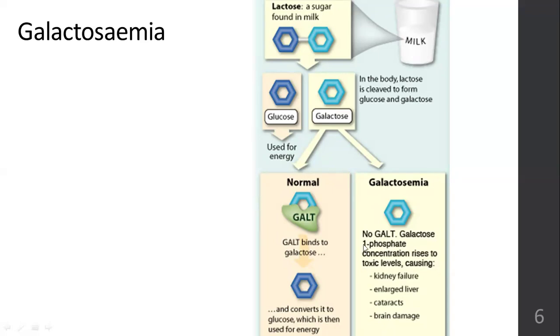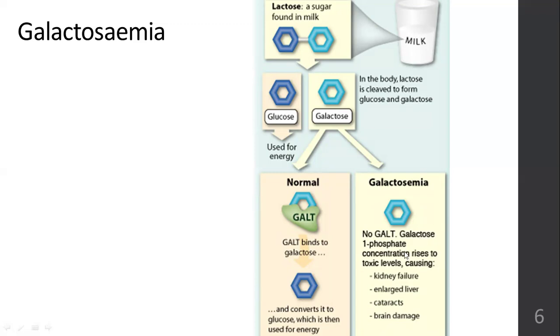But when there is no GALT enzyme, galactose phosphate concentration increases because it cannot be converted into glucose. Neither can it be absorbed. Even if it is absorbed, it goes into the bloodstream as it is without being converted into glucose.